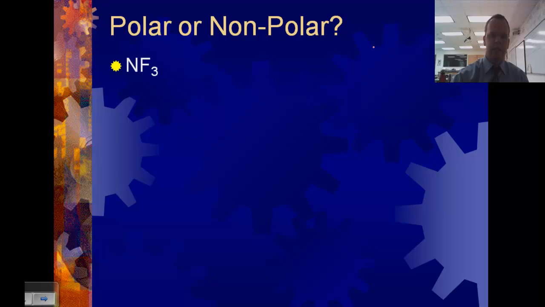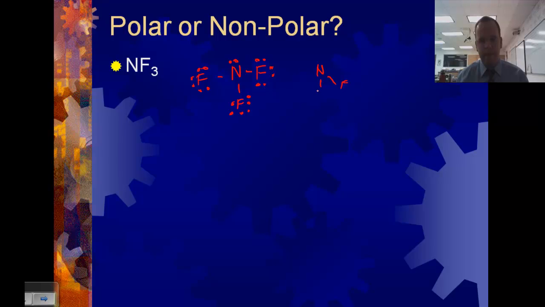So let's look at some examples. NF3. We draw out its dot structure. It's trigonal pyramidal. So it actually has a shape like this.